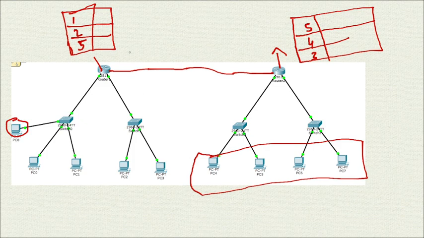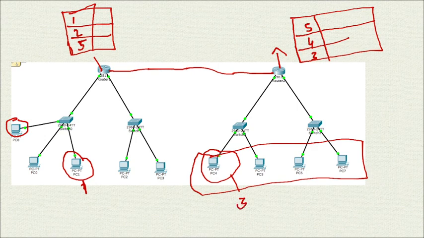So now we want to configure from here to here. Now we want to connect this one with this network. How is it possible to do that? This is the two network, this is the one network, right? This is the one network, and this is the three network, right?